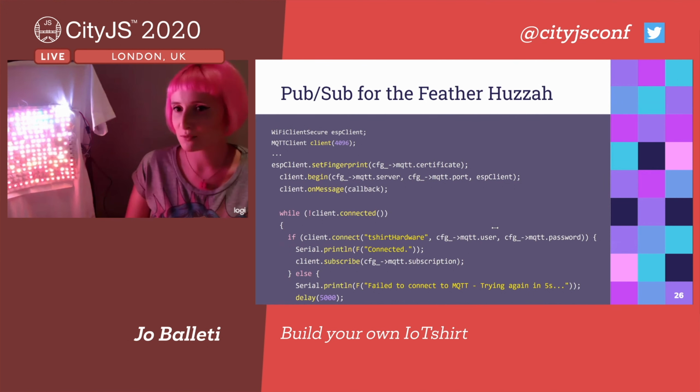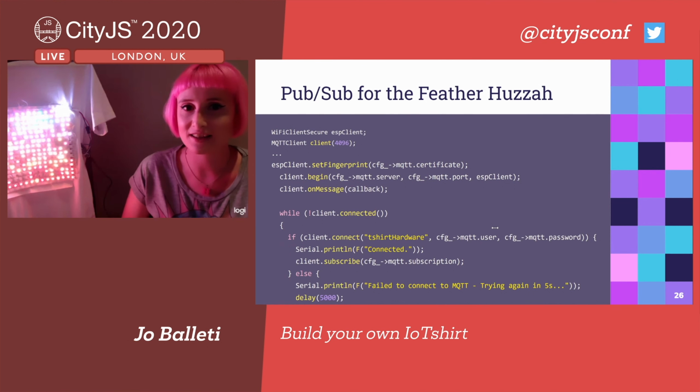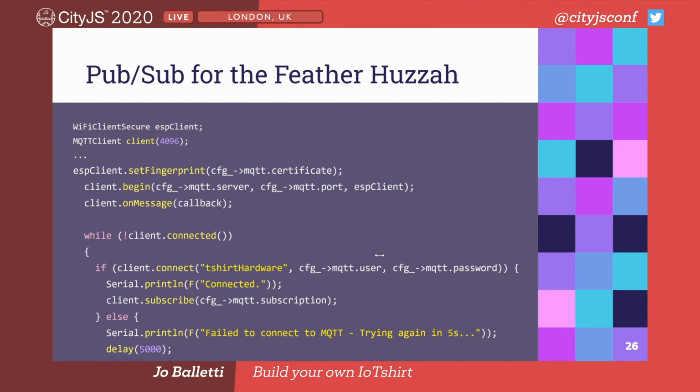And similar to what we did for the web app, we need the Huzzah to connect to the Ably MQTT server and then to subscribe to the channel. So first we create new instances of the Wi-Fi client secure and the MQTT client. And then once we're connected to Wi-Fi, the secure client lets MQTT use SSL to connect to the channel using the credentials that we set in the config.